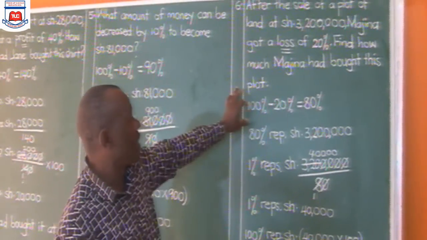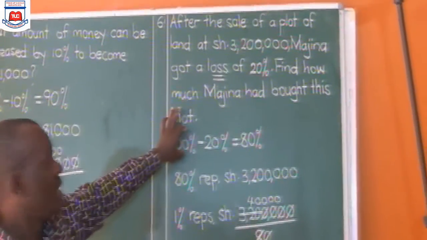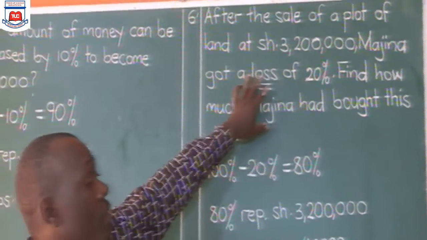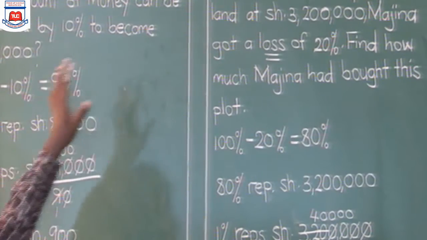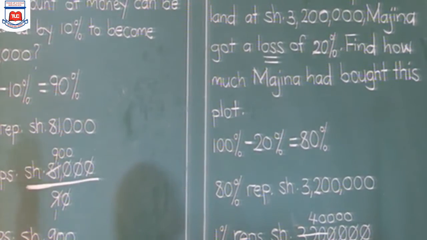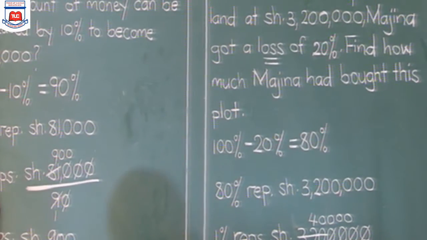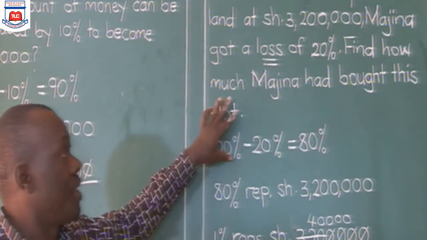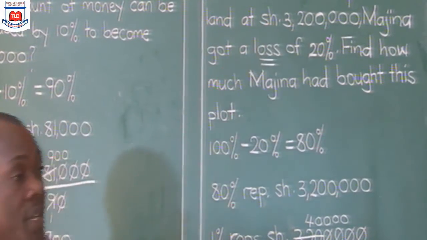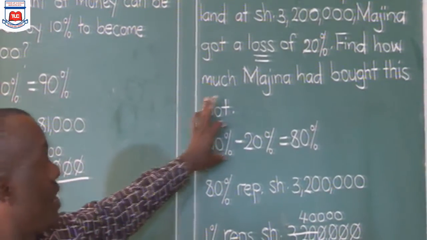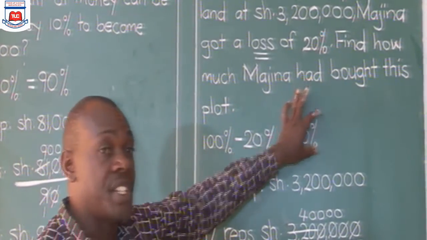Hence, get the original percentage which is 100%, take away 20% because of the word loss, and get 80%. Remember the example before? That is number 4. Somebody got a profit. That one we increased. But now this one sold at a loss. That's why we reduce. Get 100% minus 20% and get 80%.